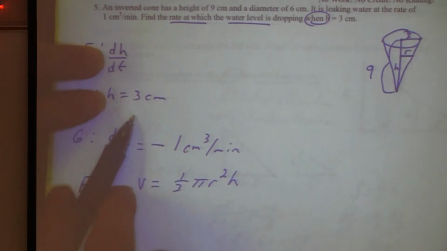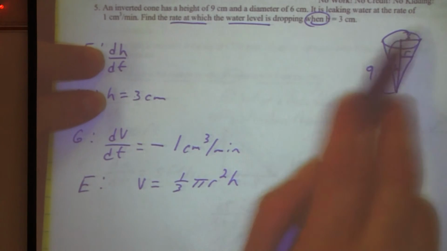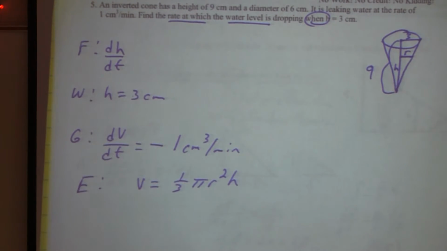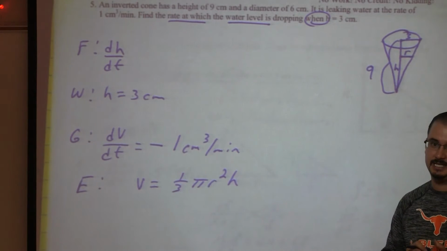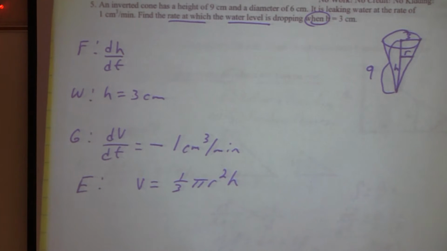Don't get this confused with the 9 and the 3 given at the beginning. That's just the size of the cup and never going to change. What's changing is what's inside the cup, the liquid. The radius and height of that liquid is changing. So what does this equation need to be in terms of? h. So we need to figure out what r is.